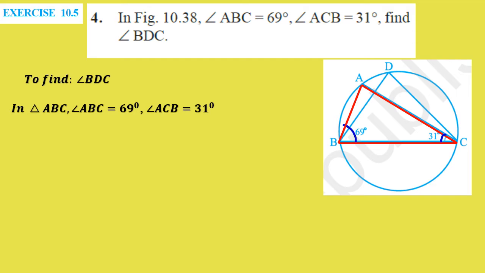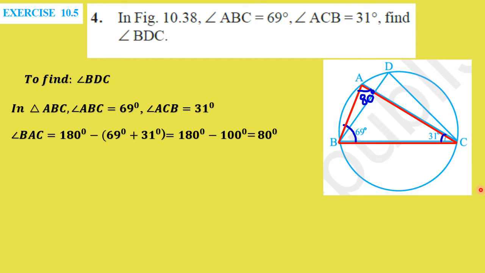In that, angle B, or angle ABC, is 69, and angle C is 31. So we can find angle A using the angle sum property. So it is 180 minus 69 plus 31, that is equal to 80. So we got angle A.